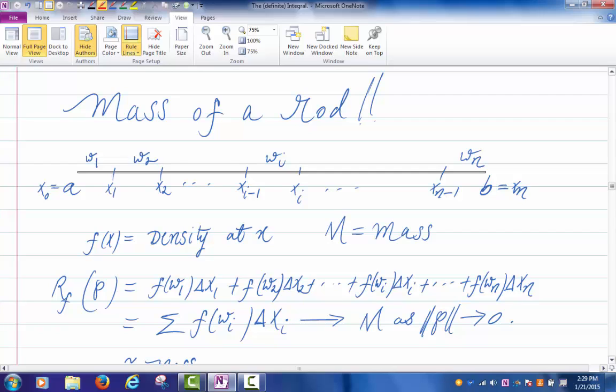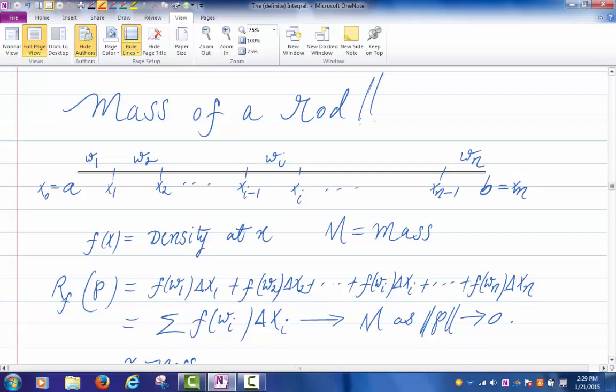So I'm adding those numbers, I'm getting an approximation of the total mass. Okay? But then, think about this. As I pick n bigger and bigger, these pieces are becoming smaller and smaller, which means f of W1, f of W2 are really going to be quite precise approximation of the constant density, right? I can think of f of W1 as becoming more and more like the average density of that piece.